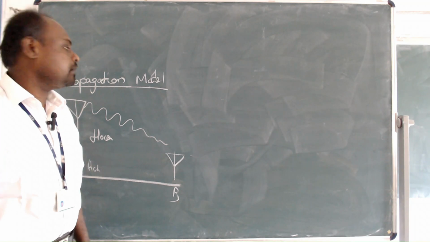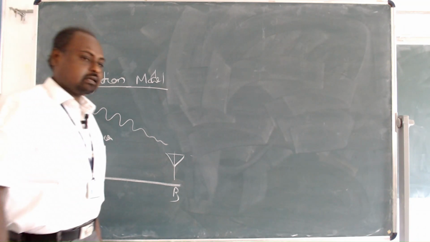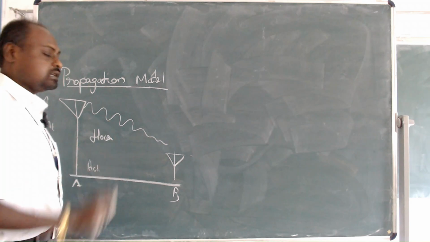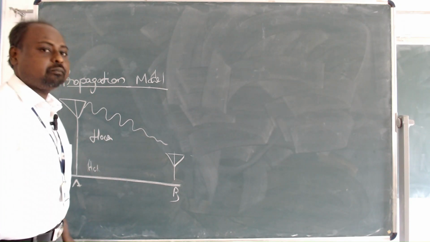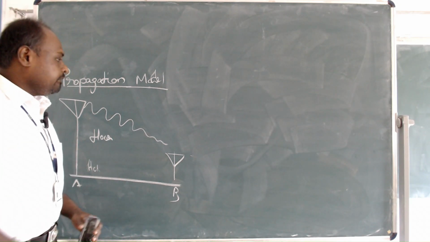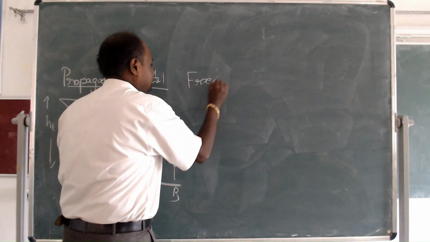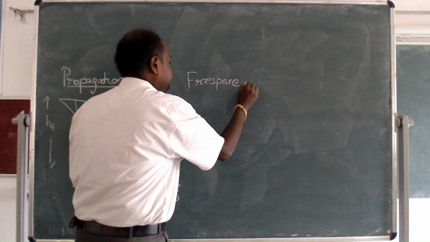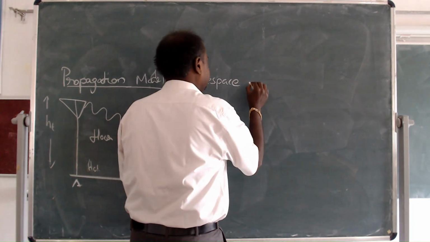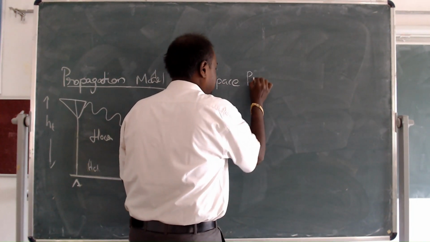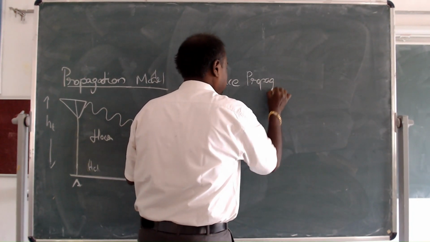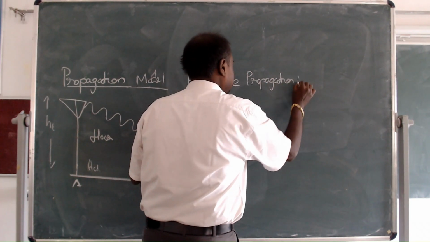These phenomena affect wave propagation, and we are going to build a model to study the propagation loss or the path loss. The first model is called the free space propagation model, or the free space transmission formula.